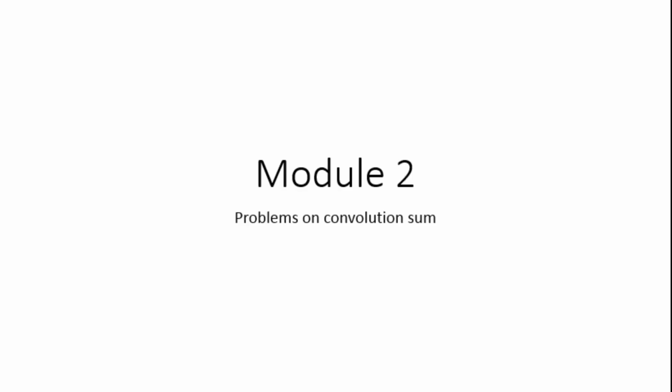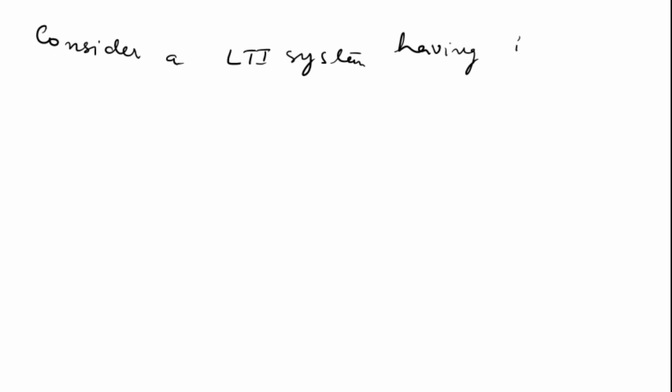Today we are going to solve some of the problems on convolution sum. Consider an LTI system having impulse response h of n given below.